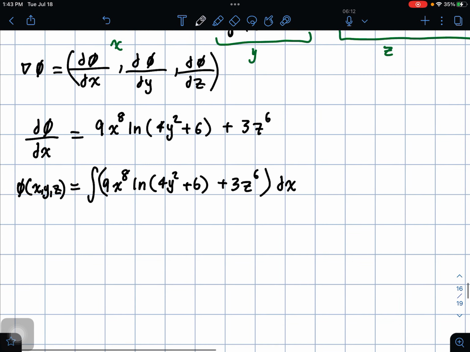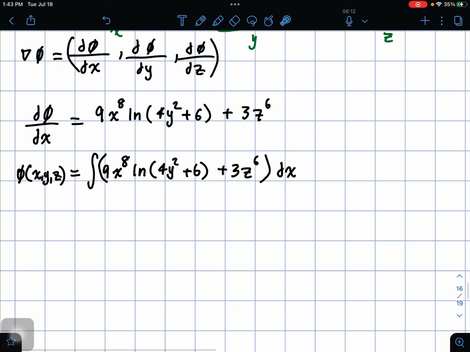So basically, technically this is the derivative with respect to x, so we have to integrate with respect to x. I don't know if this is the right way of thinking about it, but I think about it like this.